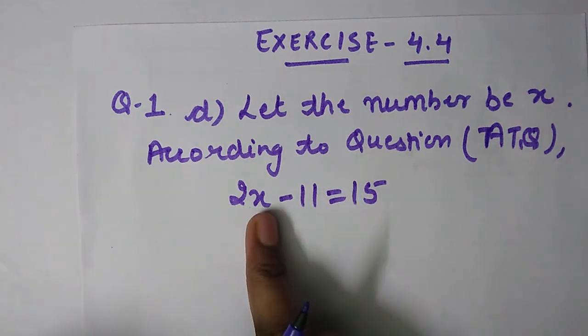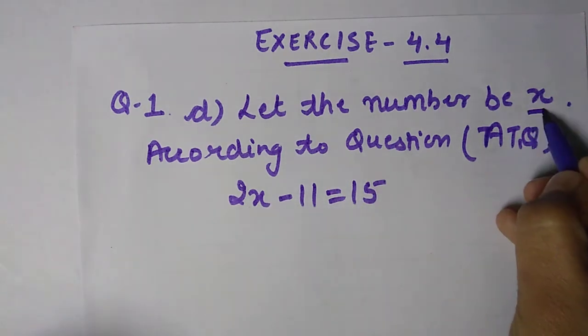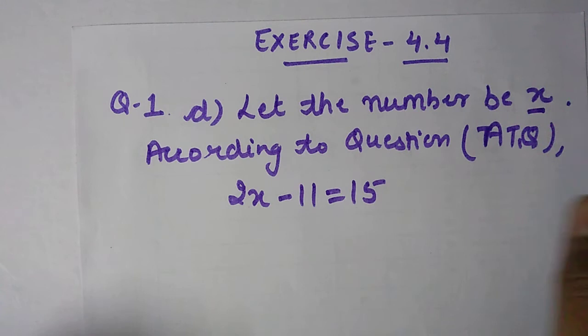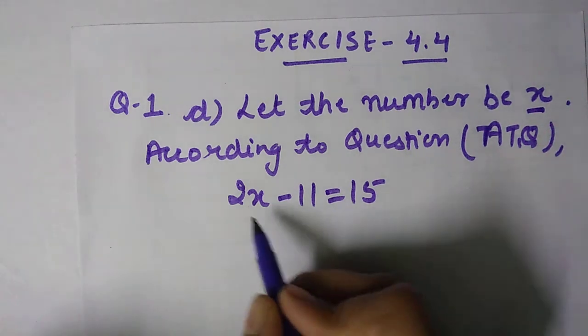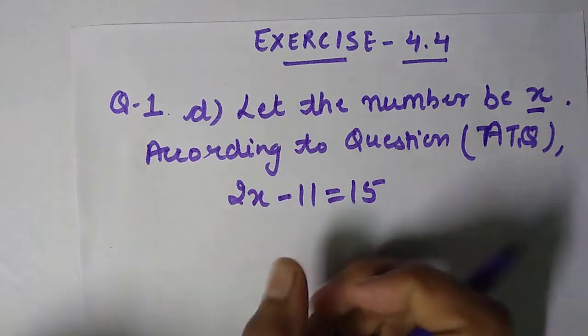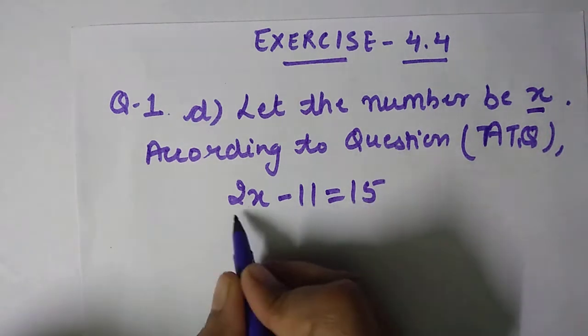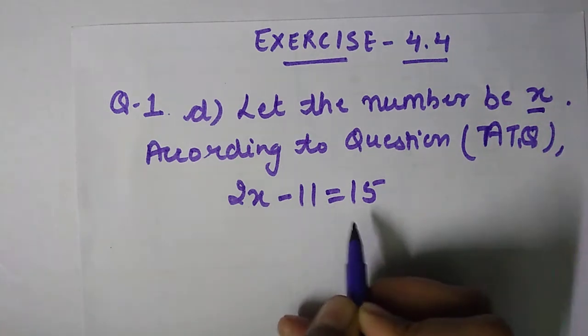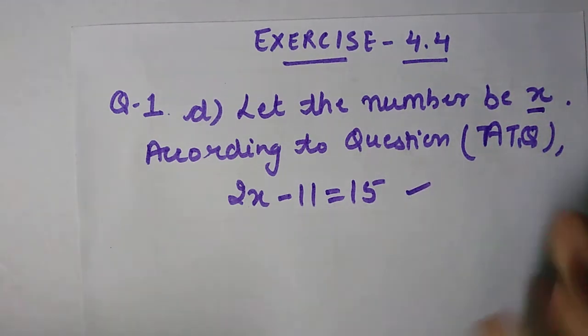We don't know the number, so I have just assumed the number as x. And the word "from" is also in the question, so after the word "from" I will write the term first. So here I have written 2x minus 11 equals 15. This is the required equation.